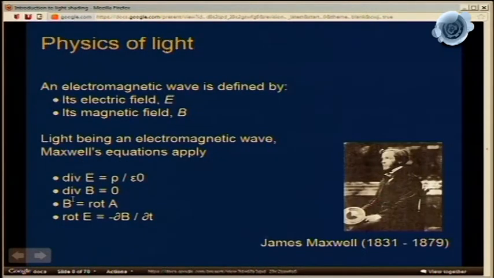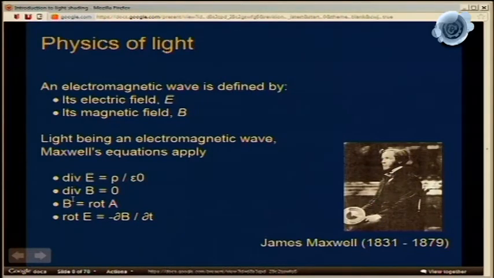Anyway, so it's an electromagnetic wave. An electromagnetic wave is defined by an electric field E and a magnetic field B. I won't talk about this stuff, and I don't even remember what this means. I used to know this 10 years ago, but anyway.